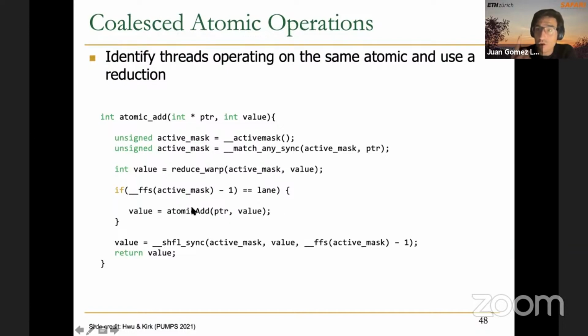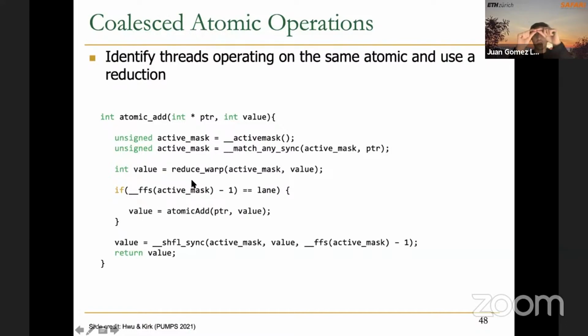This atomic operation is only executed by a single thread, and the thread that executes this atomic operation is the thread that is the first active one in the mask. You can check the meaning of this. FFS is the first set bit or first set flag in the active mask.